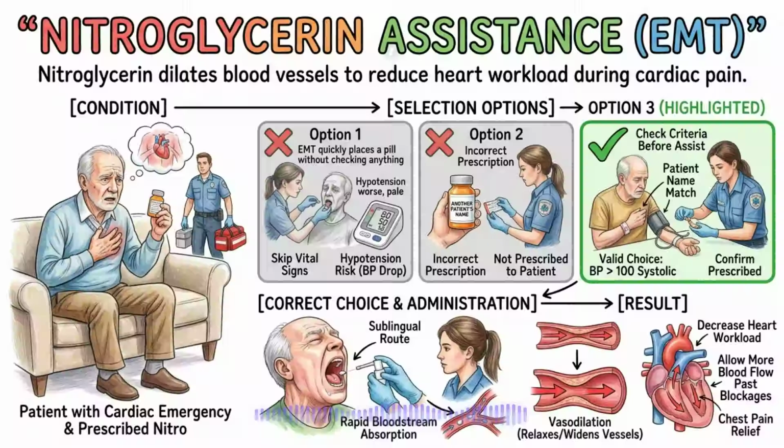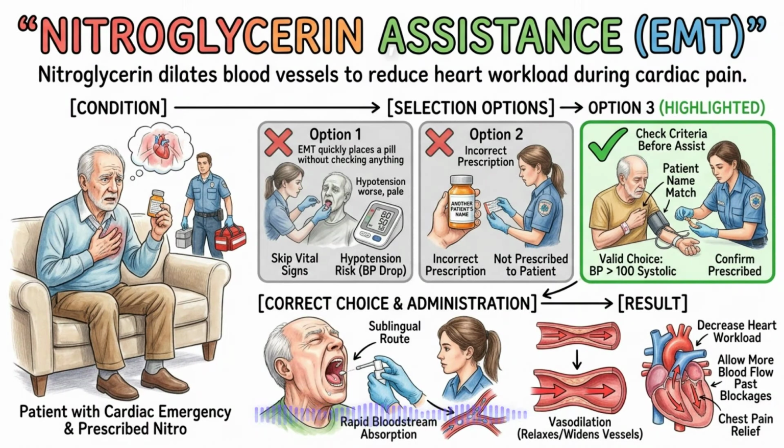Nitroglycerin is another medication you might assist a patient with during a cardiac emergency, provided it is prescribed to them by their doctor. This medication is a vasodilator, meaning it relaxes and widens the blood vessels, which decreases the workload on the heart and allows more blood to flow past partial blockages.